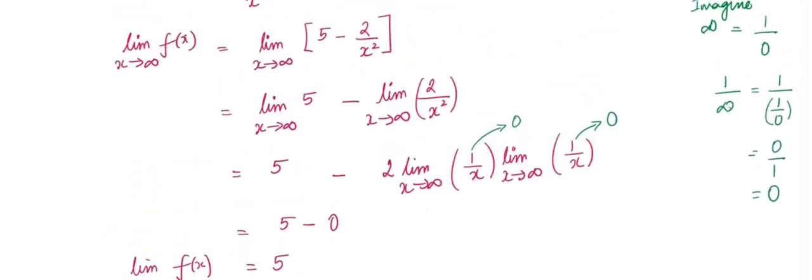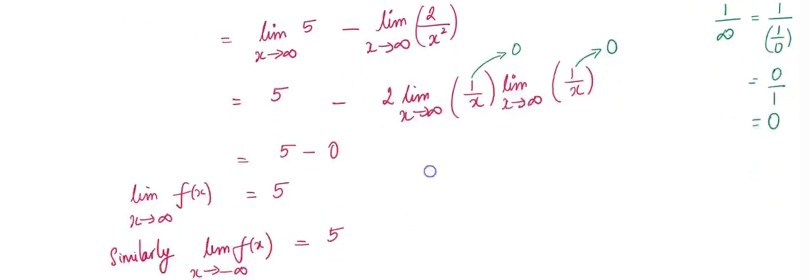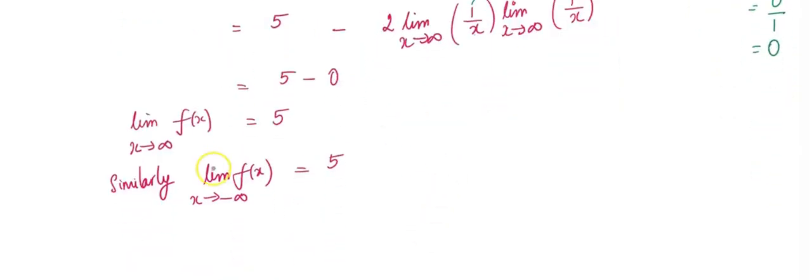Negative infinity, you can think of it as negative 1 over 0. You still get the same effect, that the result comes out to be 0. And so that is why I just did it thoroughly for 1. And where you can reason out similarly, you can use that argument to simply state the obvious.